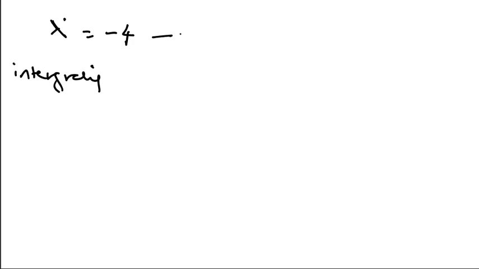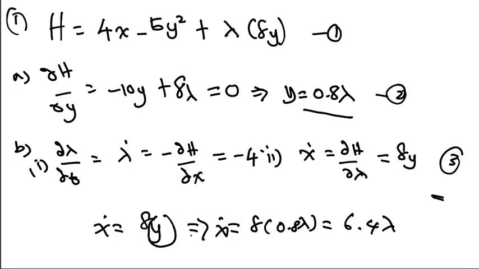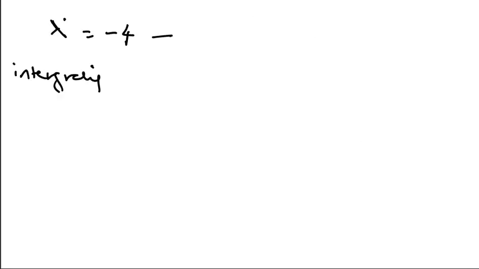let's say this equation, let me number it first. So this one, let's say number 4. This one, let's say number 5. Integrating 5 with respect to t, because from lambda dot we want to get lambda, so we integrate.